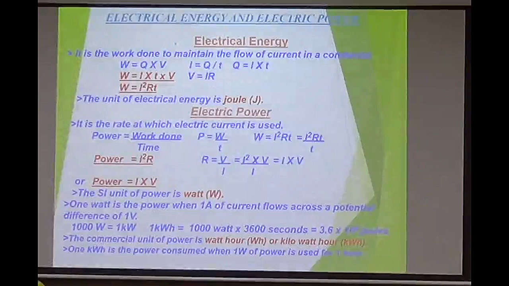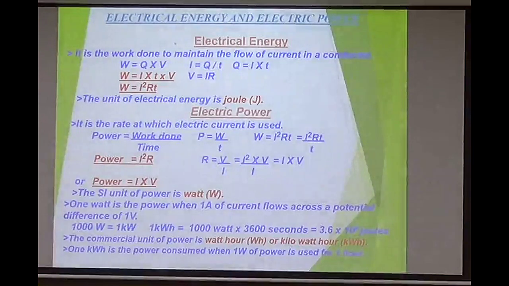You all know that energy is capacity to do work, and work is related to electric potential by V is equal to W upon capital Q. So W will be potential multiplied by the charge, and that work done is equal to electrical energy. So the electrical energy is the work done to maintain the flow of current in a conductor.